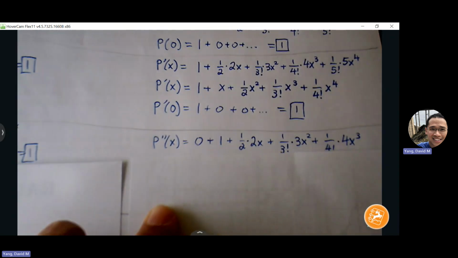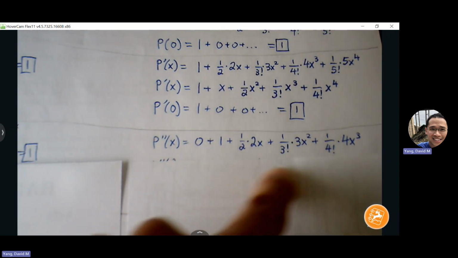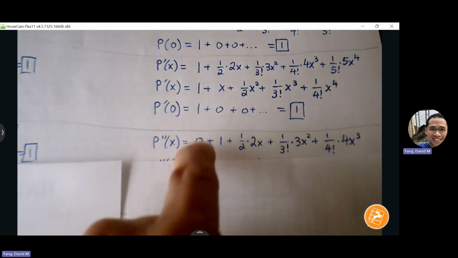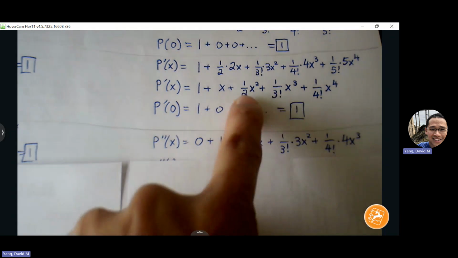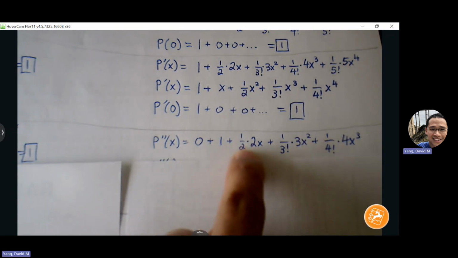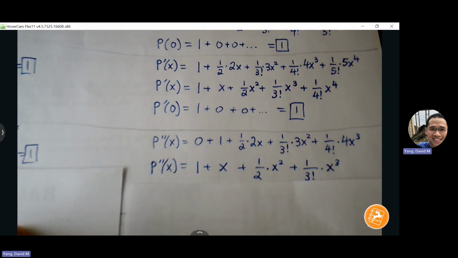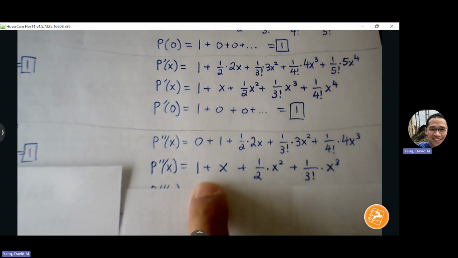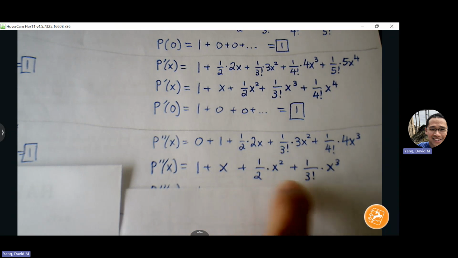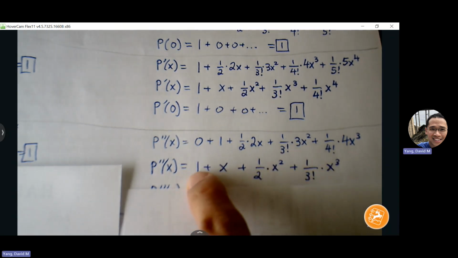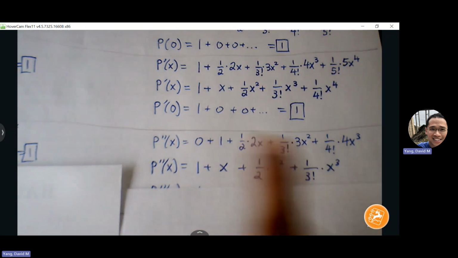Well, here's p double prime, right? We can just find the derivative again. 1 goes to 0. x becomes 1. Okay. The 3 factorial cancels out. 4 factorial cancels out. So now my p double prime is just 1 plus x plus 1/2 x squared plus 1 over 3 factorial x cubed. And then if I do p double prime of 0, what's going to happen to all these x's?